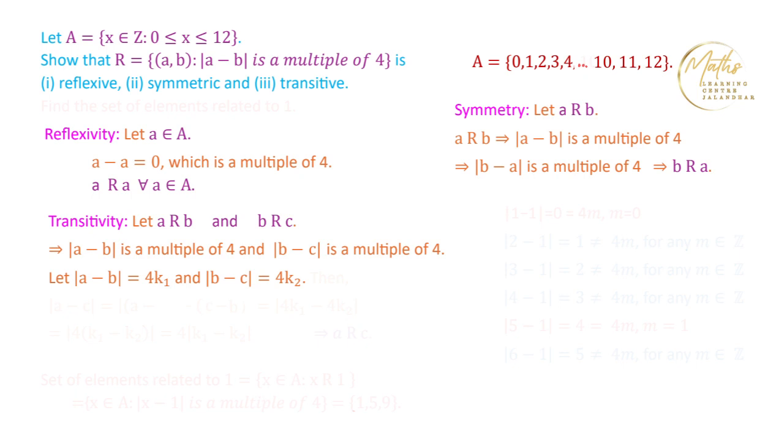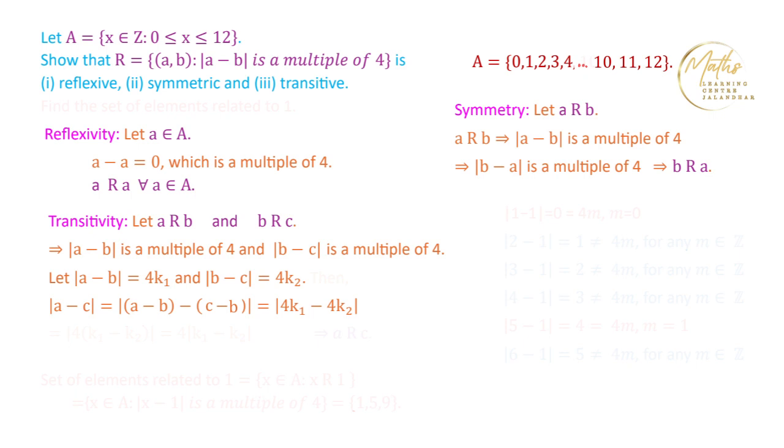So we are calculating the value of |a − c|. Now if we add and subtract b over here, we are talking about this value. What we have done, we have added and subtracted b to these values. Then we obtain that a − b is 4 times k1 and b − c is 4 times k2. So this value is equal to 4 times k1 plus 4 times k2.